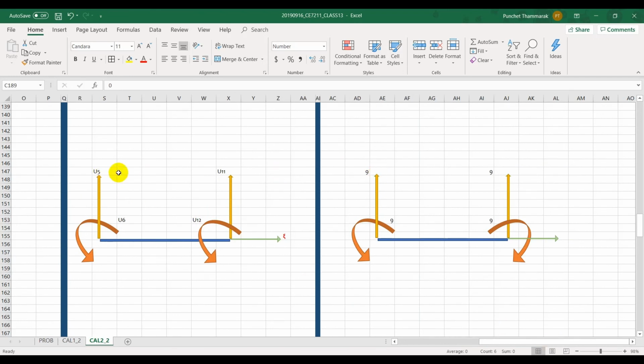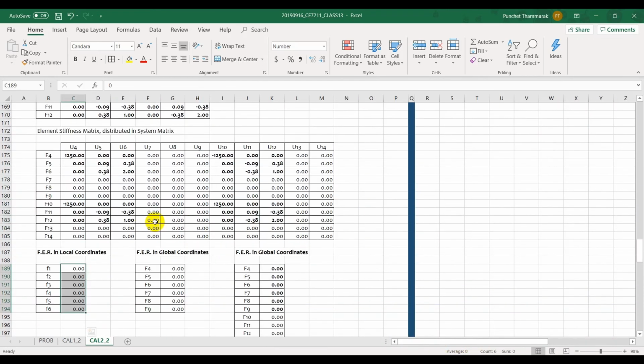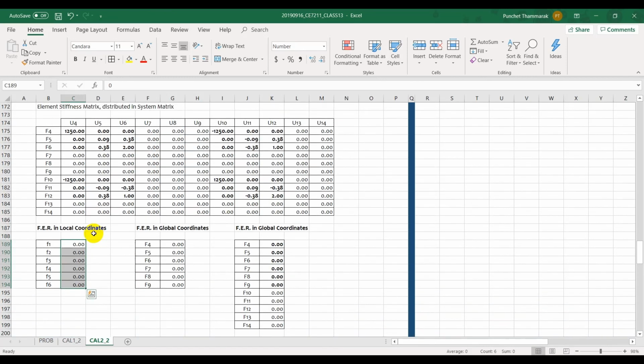So U5, you plug in the corresponding equation for equilibrium in this U5 direction of the F5. Okay, we plug in the 9. U6, we plug in the 9 as well because this is going along. U11, we plug in the 9, and U12, we plug in the minus 9. So 5, 6, 11, 12: 9, 9, 9, and minus 9.